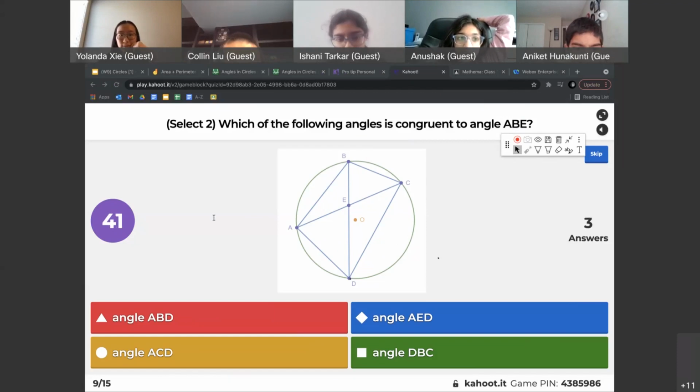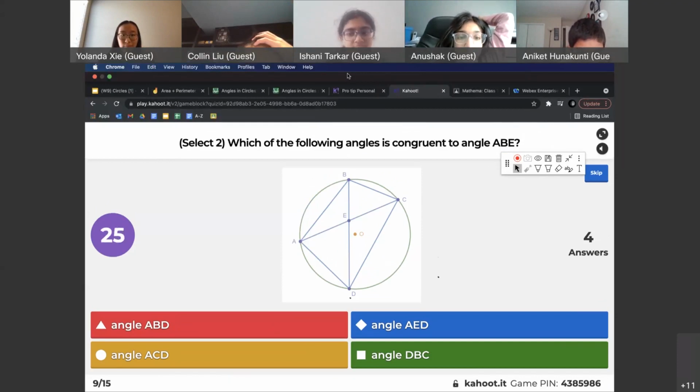No. The question says angle ABE. I'm confused. Congruent means equal, right? Yep.